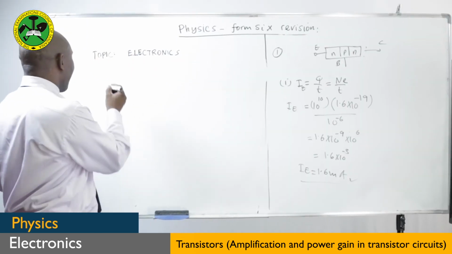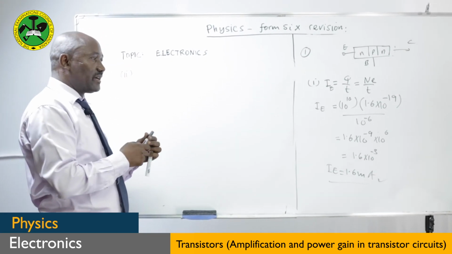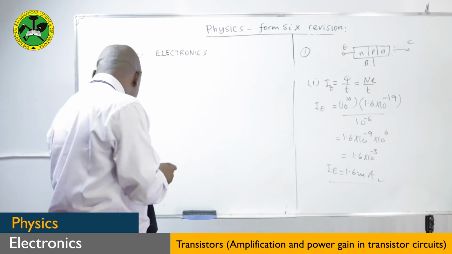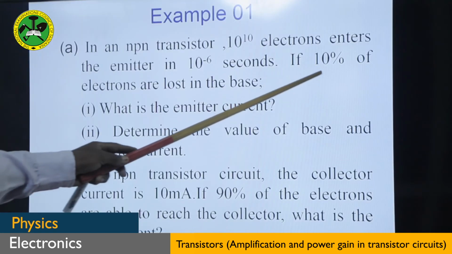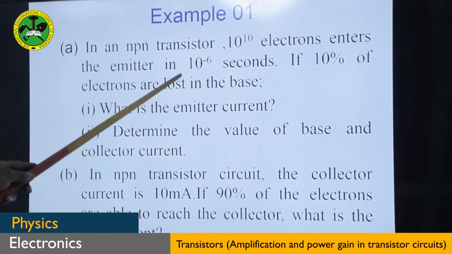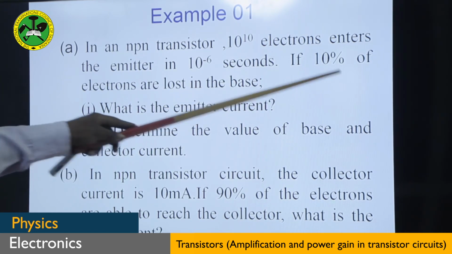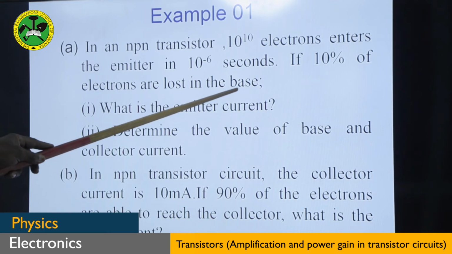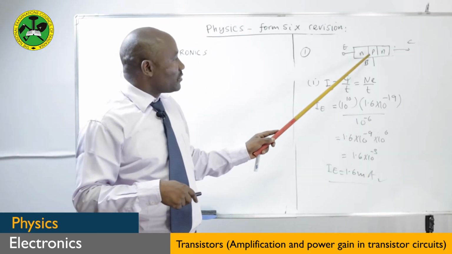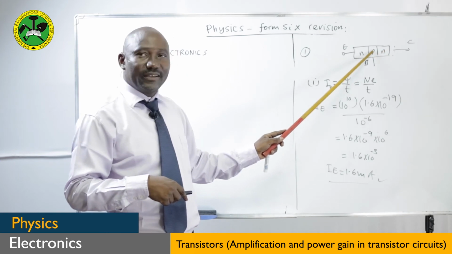In part B, you are looking for the value of the base and the collector current. From the information given, we can see that 10% of the electrons emitted from the emitter are lost in the base. So it means 10% of these electrons are used to produce the current in the base. If you remember, most of the electrons emitted here are supposed to reach the collector, but some of them recombine here.